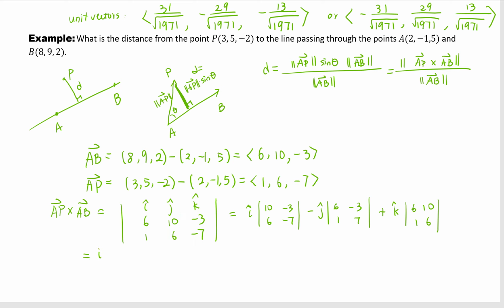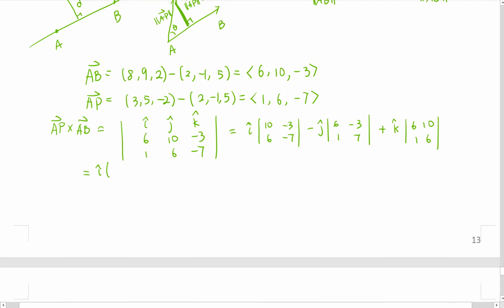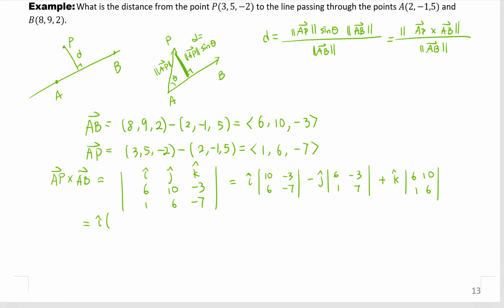Well, that is i times, because I don't have much space here, I'm going to say it. So 10 times minus 7 is minus 70, minus 6 times 3, so 6 times negative 3 is minus 18, but minus negative 18 becomes plus 18. Okay, and then minus j.